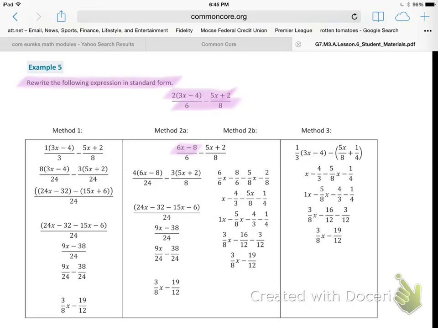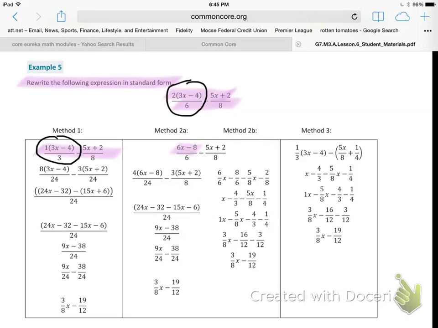I don't notice that they've used a common denominator right away. It looks like here, actually, it looks like a common denominator right here. But what is interesting is that they've changed that 2 times 3x minus 4 right here over 6 into 1 times 3x minus 4 over 3.